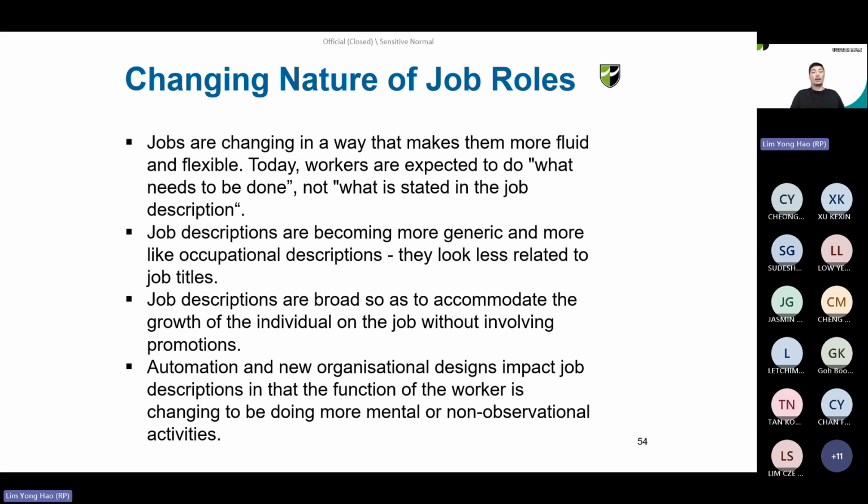So if I do a job analysis once, ideally the information will be valid for a certain period of time. But with more recent changes, technology is one thing, and economic factors are another.